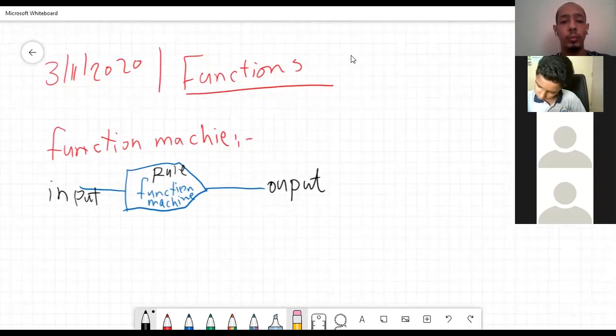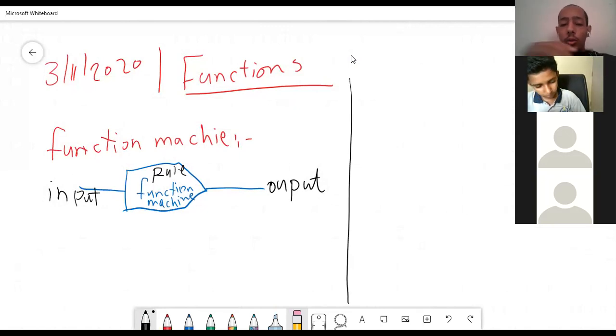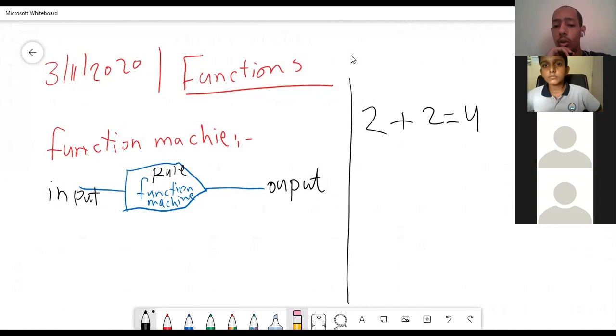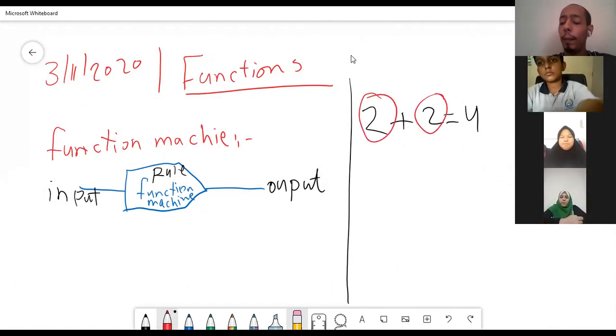To clarify this, with the old calculator, for example, if you enter 2 plus 2, this means 4, right? So what was the input? 2 and 2, right?